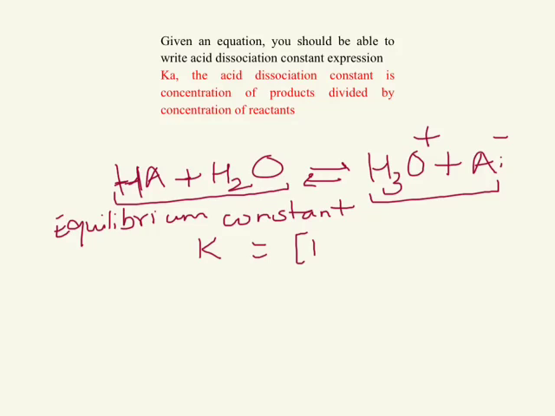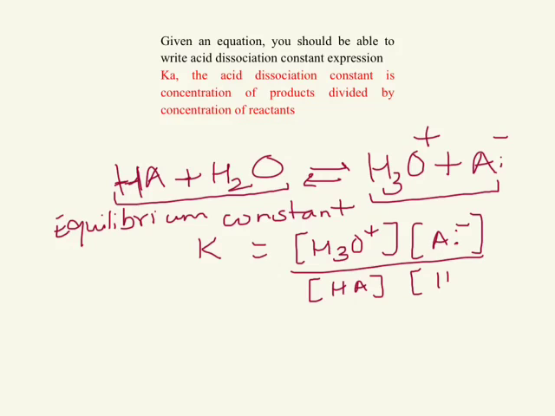So here are the products, and we write the concentration in square brackets divided by the concentration of reactants. Right now K is just the equilibrium constant. Now let me write down the phases. For example, HA aqueous means dissolved in water, H2O is liquid.